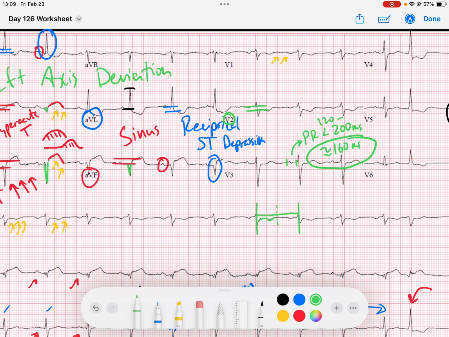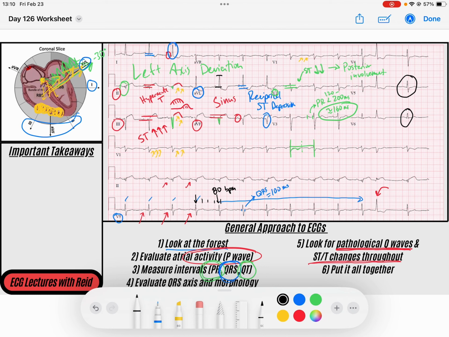In V2, ST depression represents posterior involvement, right? So what happens here? We've got what we see as inferior ST elevations.